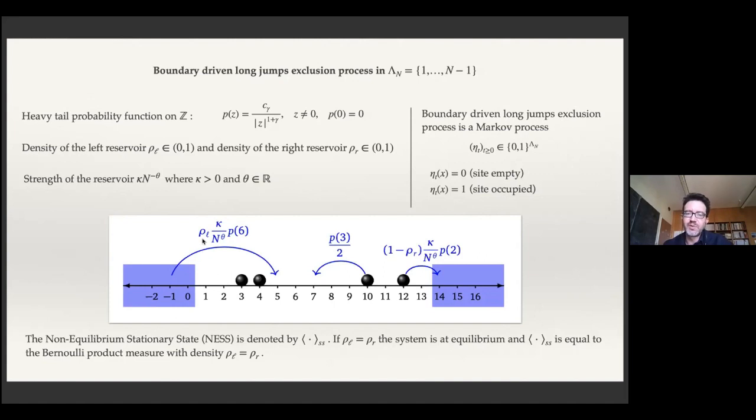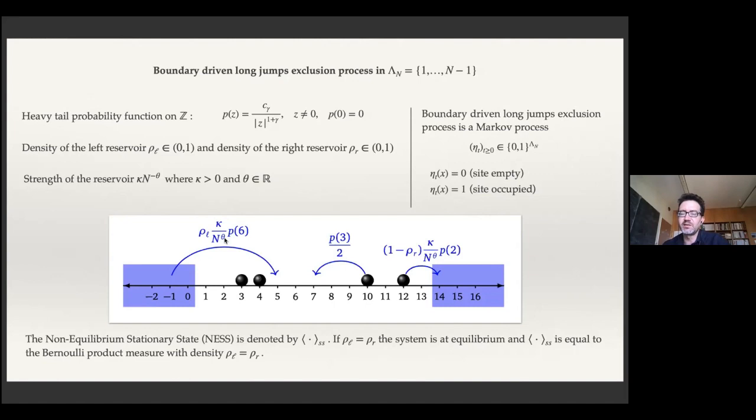And there will be some parameters which will appear in this model, which is the intensity of the reservoirs, which is regulated by kappa, which is just a positive constant, and theta. So theta can be negative or can be positive. If theta is very positive, it means that the reservoirs are very weak.